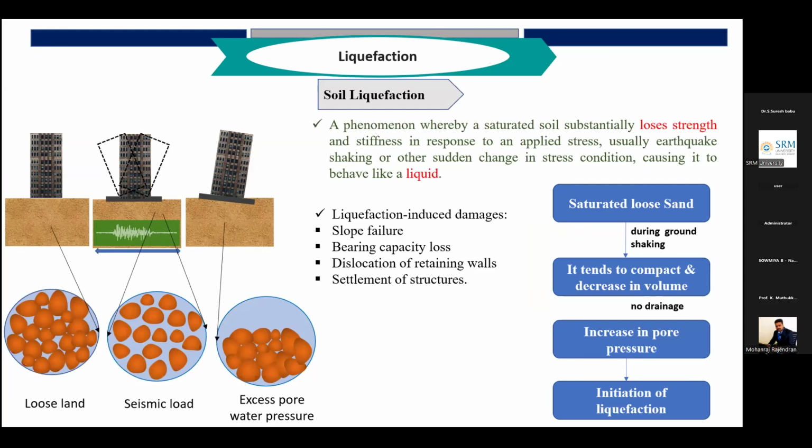Before moving to this topic, I would like to know how many are attending, how many are faculty, and how many have a background in earthquake engineering or geotechnical earthquake engineering. Probably the host can give a brief statistic.